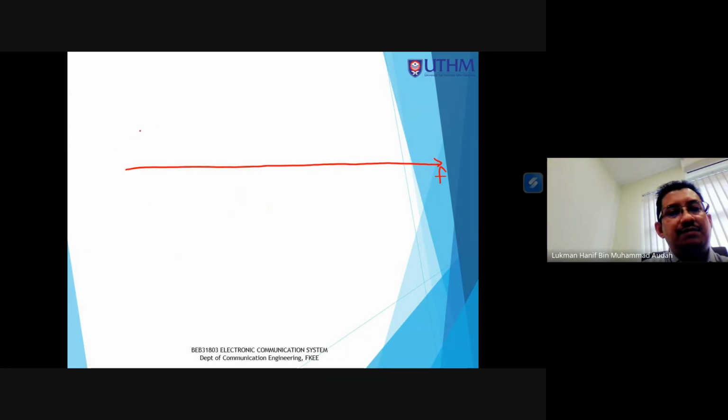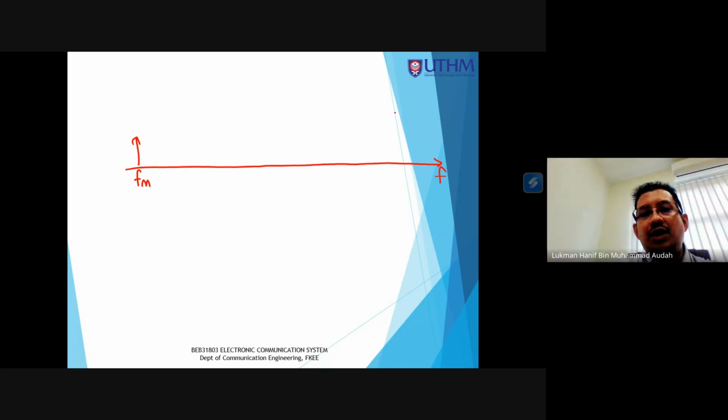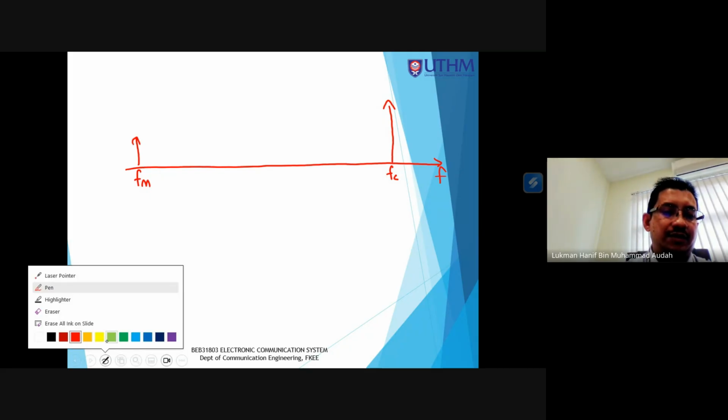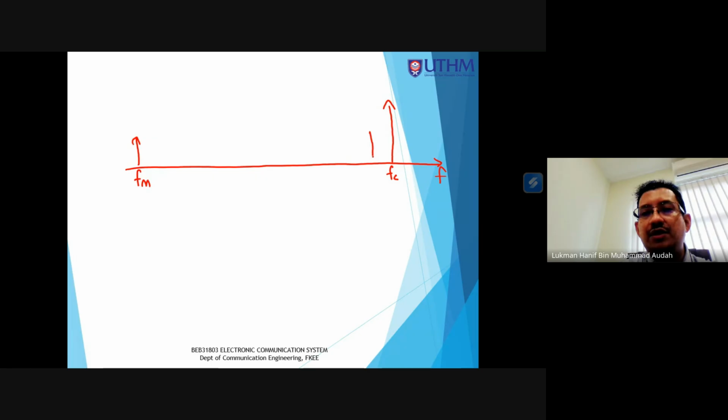If you remember, initially at the transmitter, we want to transmit an input signal F M, and we modulate it with a carrier at frequency F C. For example, we produce double sideband full carrier after the modulation process.